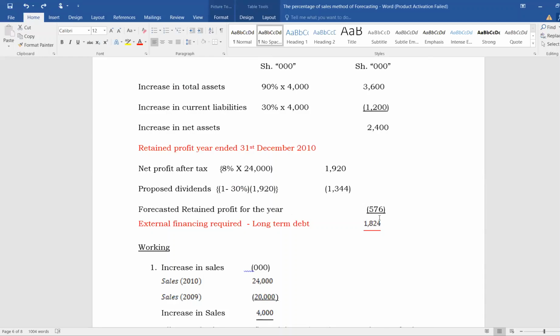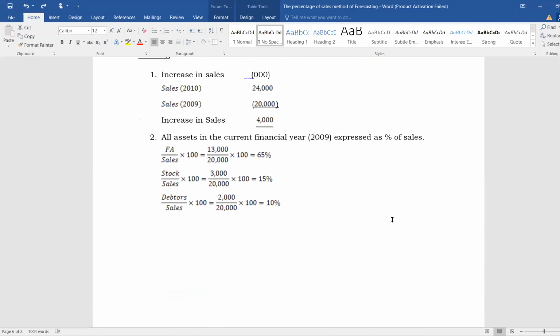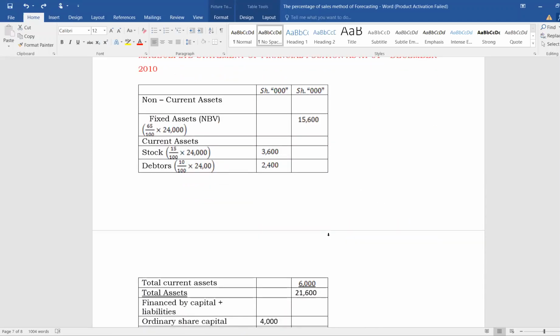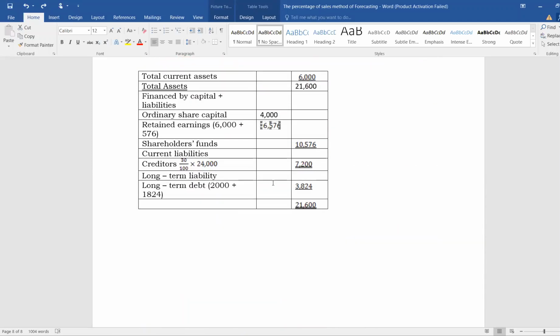So 6 million plus 576,000, total retained earnings? 6,576. Yeah. Sindio hiyo mnaona hapo? Yes. Sasa ordinary share capital plus reserves, shareholders funds ni ngapi? 10,576.